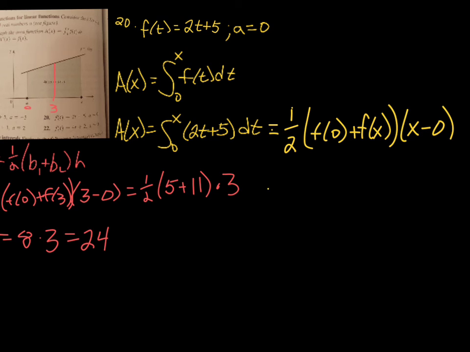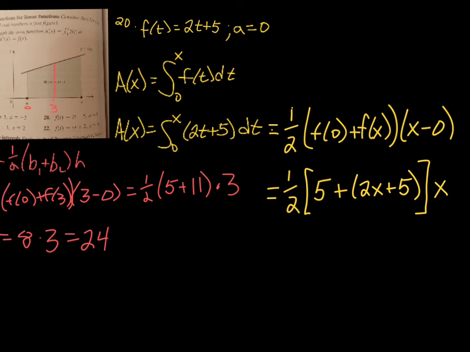So now we're just going to evaluate and simplify. 1/2, we already found f of 0 before, so we're still going to use that as 5. But now it's plus this function. The function that we start with is 2t plus 5. We're evaluating it now at our right endpoint, x. So now it becomes 2x plus 5. And now that's times, since we're starting at 0 and going to x, the height of our trapezoid will be x.